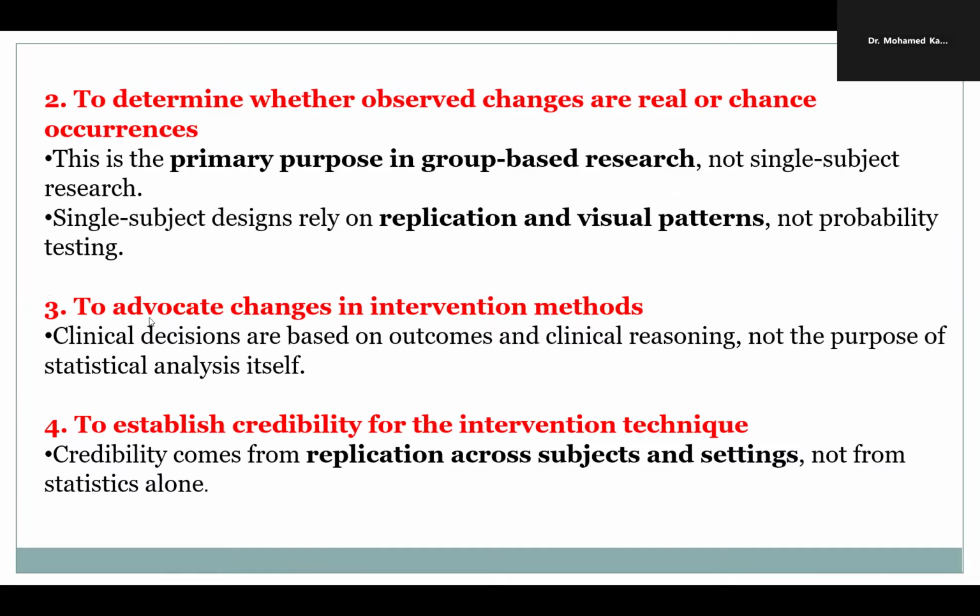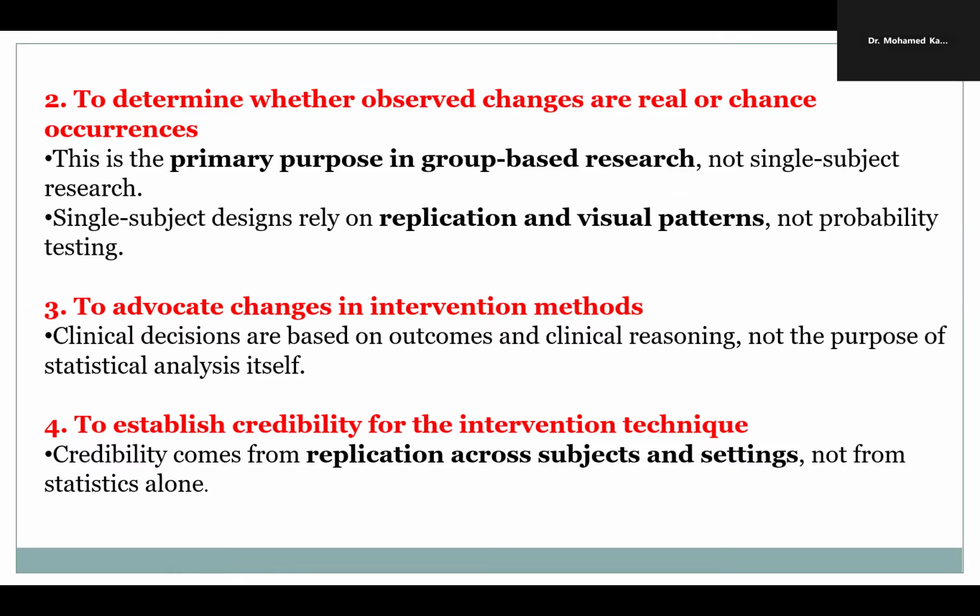Number three, to advocate changes in intervention methods. Usually, clinical decisions are based on outcomes and clinical reasoning, not on a statistical analysis. To establish credibility for the intervention technique: if we say that something is credible, it comes from replication across different subjects and different settings, and not only statistics.